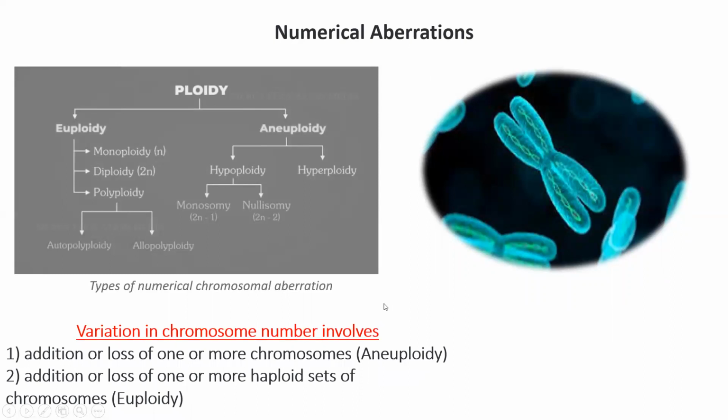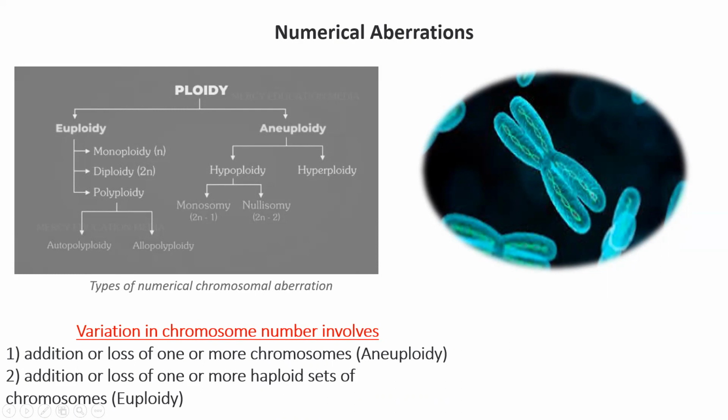The variation in chromosome number involves either the addition or loss of one or more chromosomes, which is called aneuploidy, and the addition or loss of one or more haploid sets of chromosomes is called euploidy. So there is a difference between euploidy and aneuploidy. Aneuploidy is the addition or loss of one or more chromosomes, and euploidy is the addition or loss of one or more haploid sets of chromosomes.